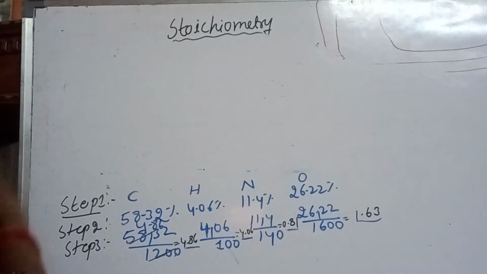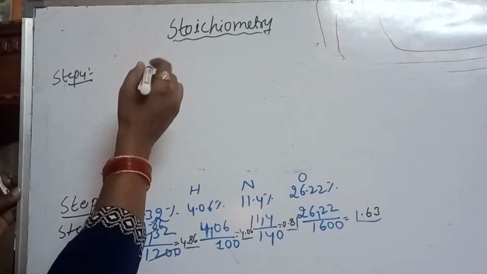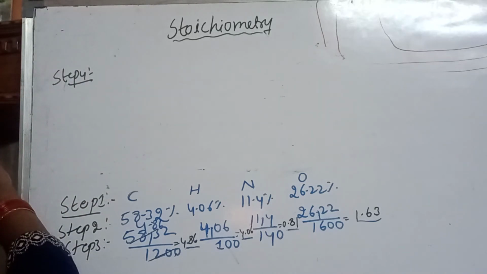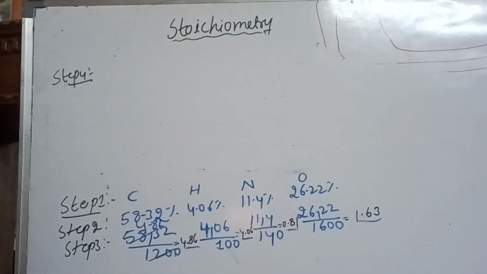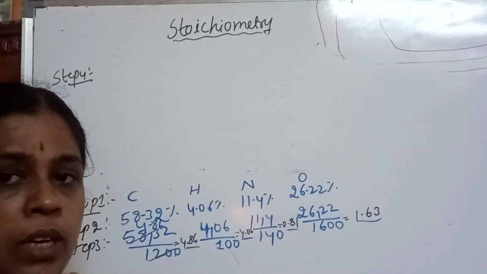In step 4, divide all these values by the least value among them.